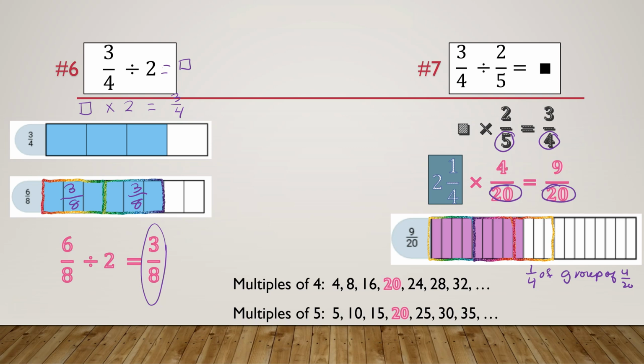So we are saying that there are 2 1/4 groups of 4/20 in 9/20. So the answer is 2 1/4.